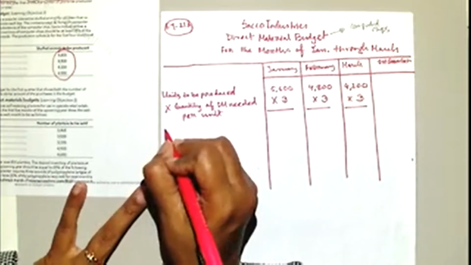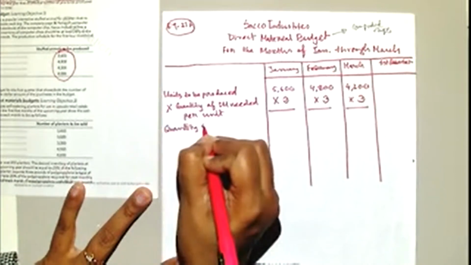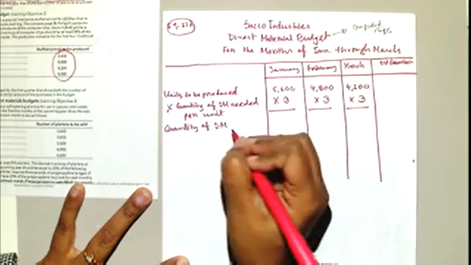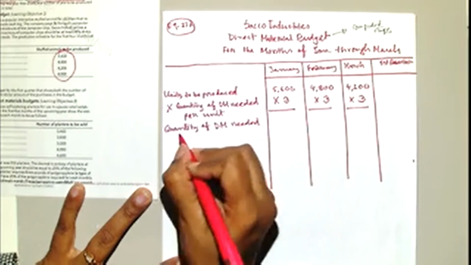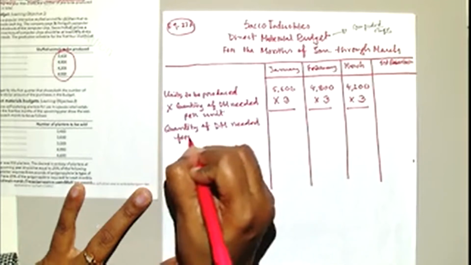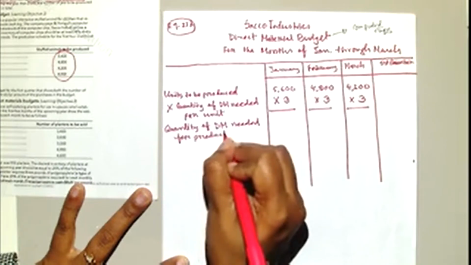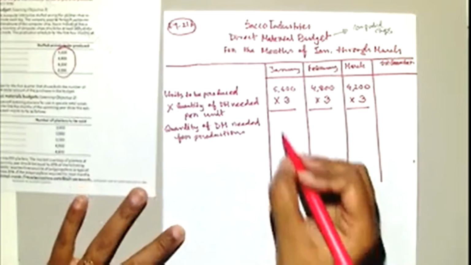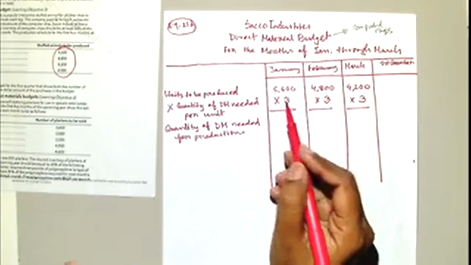So I will call it quantity of direct material. DM means direct material needed for productions. I'm trying to write every detail. Right, that means how many computer chips you need. So if you multiply, you can tell me the numbers. So can anyone help me, please?